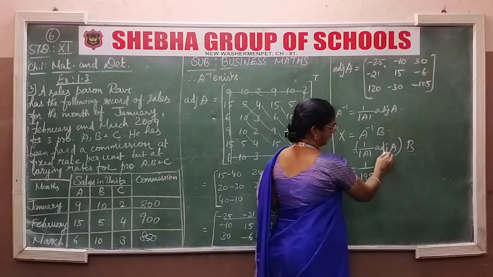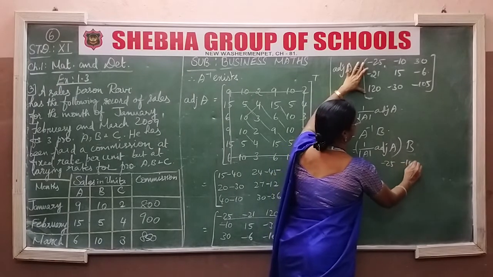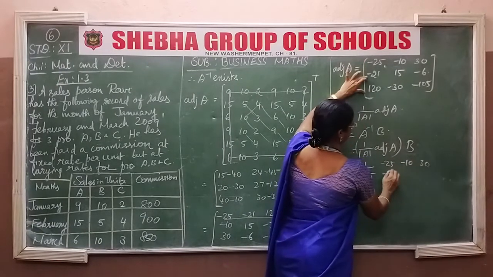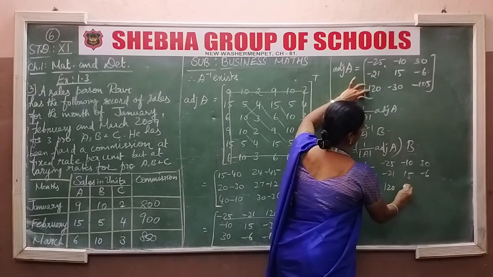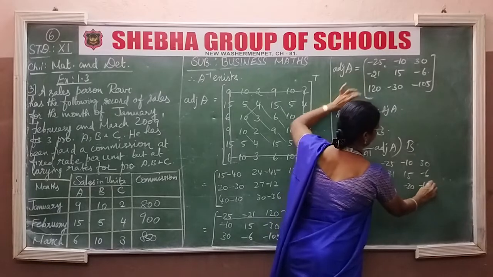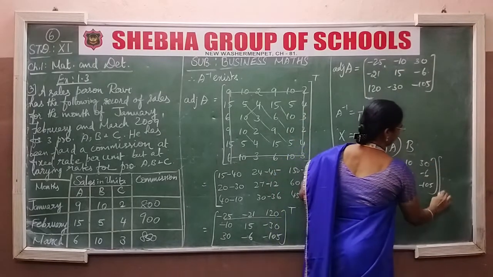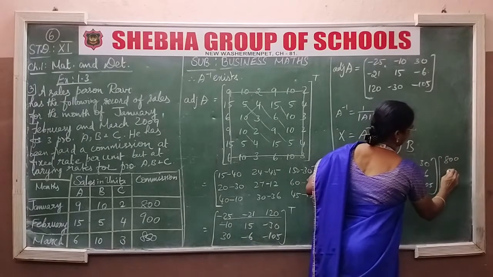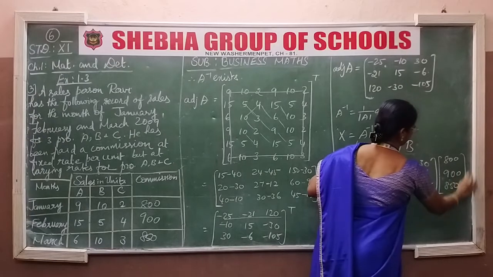See, and adjoint of A is this, right? Minus 25, minus 10, 30, minus 21, 15, minus 6, 120, minus 30, minus 105. This is our adjoint A into B. B is 800, 900 and 850.